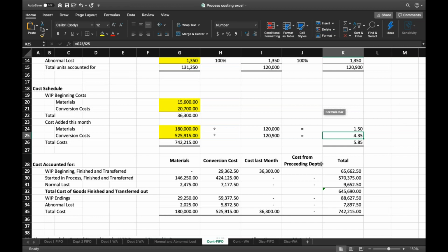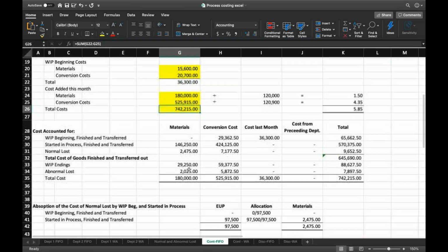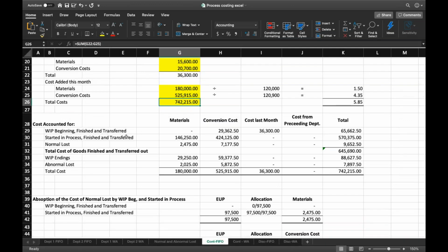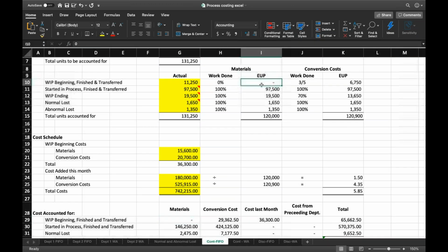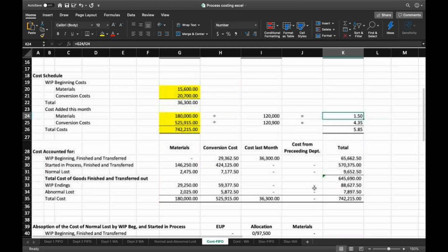Okay, let's account for the cost of 742,215. That's the total cost for this department for the beginning plus the current cost, 742,215. Okay, let's account for this one. For the work in process beginning, 0 kasi wala naman nga siyang materials na nagamit for this month. Kaya 0 times 150 is 0.